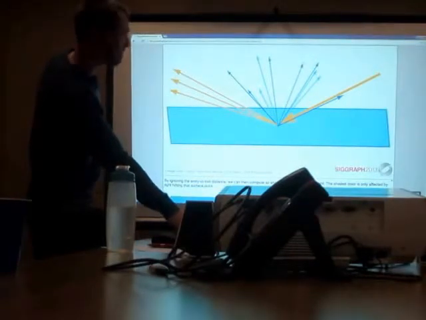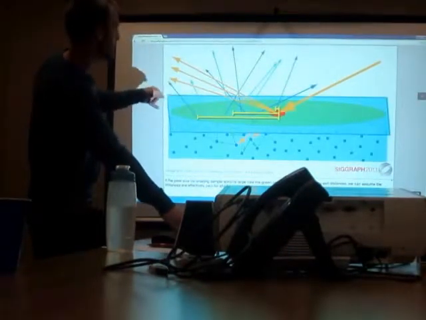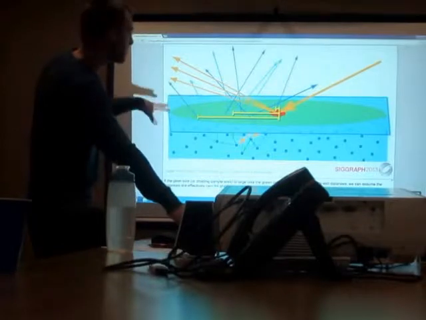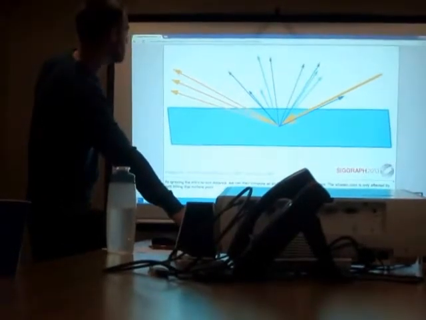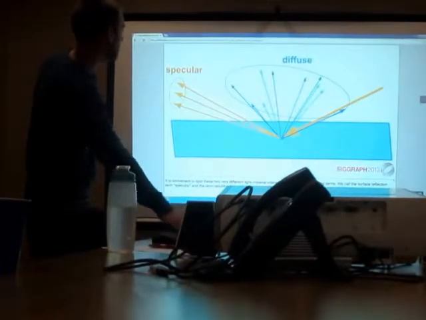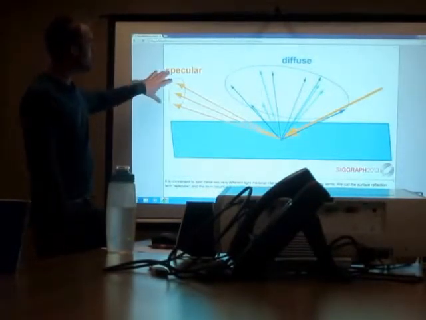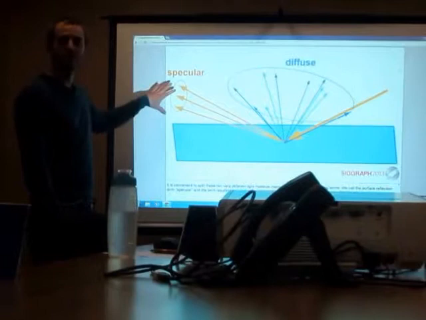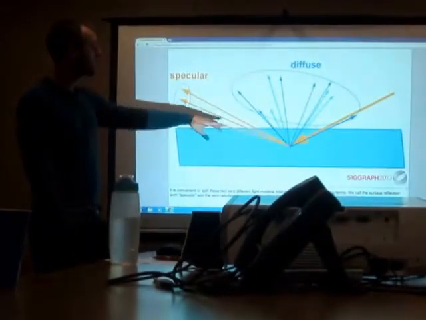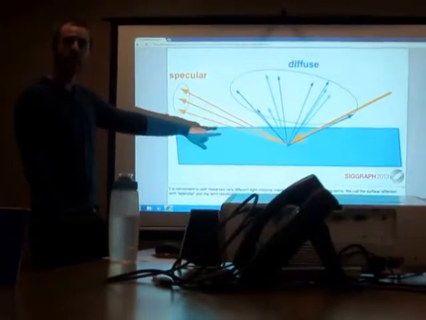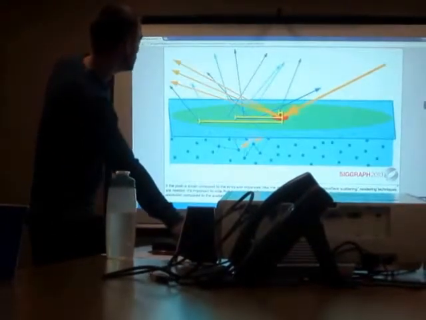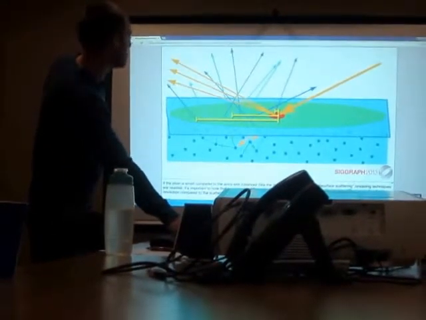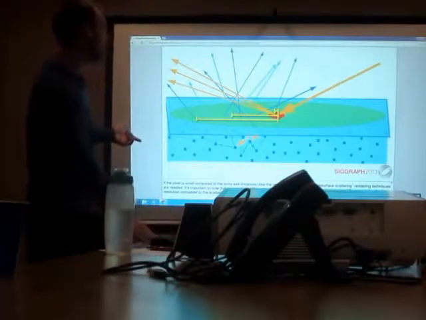So instead of the arrows being randomly distributed spatially, they're all leaving exactly the same point. Like we've been saying, the part that reflects off of the surface is the specular term. The part that is subsurface scattered and then comes off is the diffuse term.